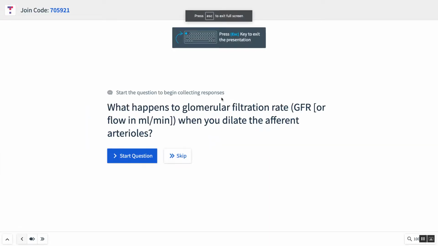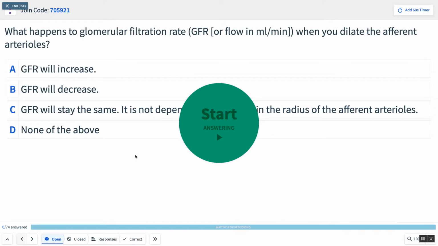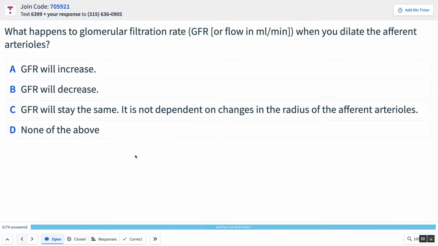What happens to the flow, the glomerular filtration rate, when you dilate the afferent arterioles? We covered this last Friday. If you weren't here on Friday, talk to your neighbors. What happens when you dilate that afferent arteriole? What happens to the flow?